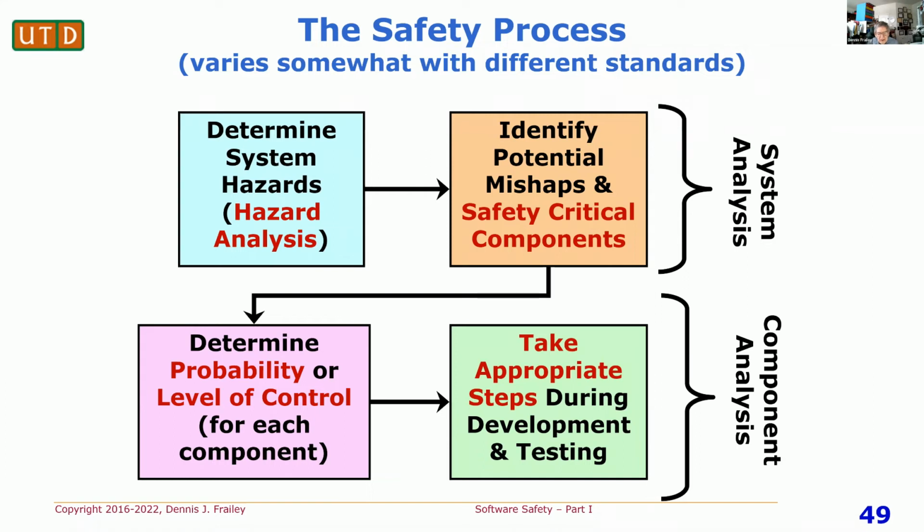We'll talk about that later. But then we will also have a discussion of the third and fourth steps. So today we're focusing on analyzing what could go wrong, basically, and what could cause it to go wrong. And then on Thursday, we'll focus on what to do about it.